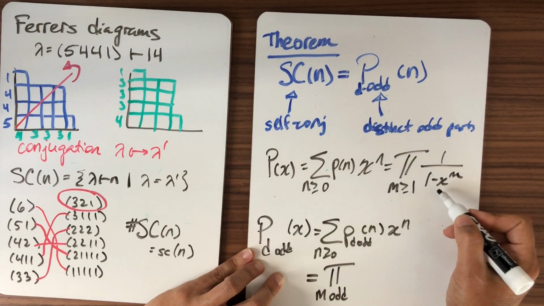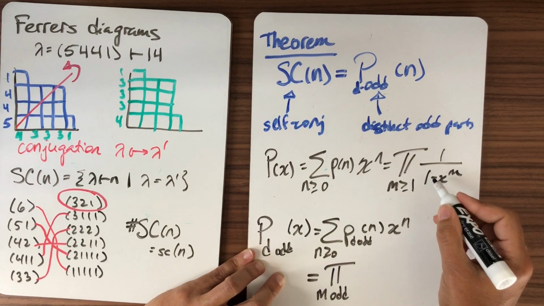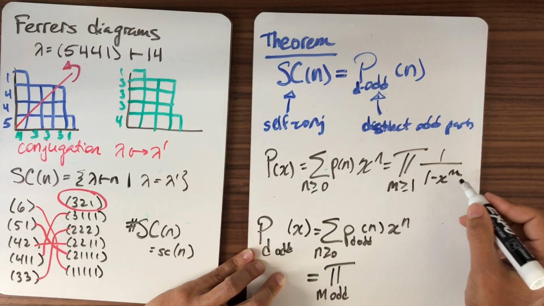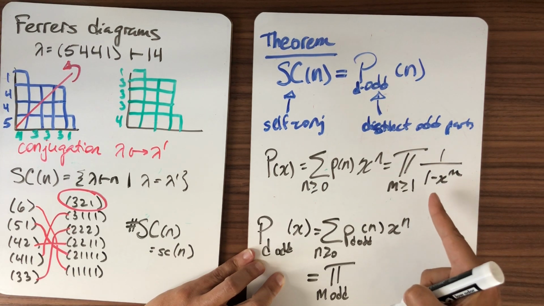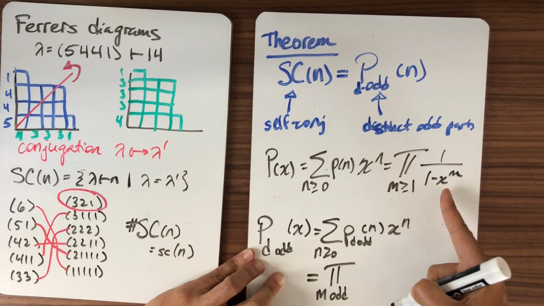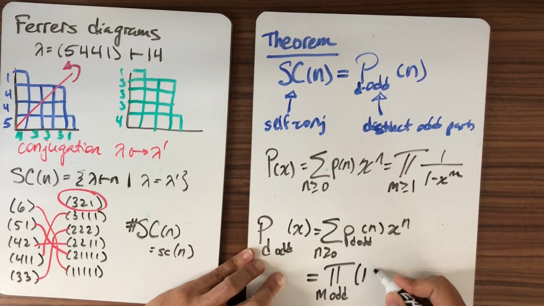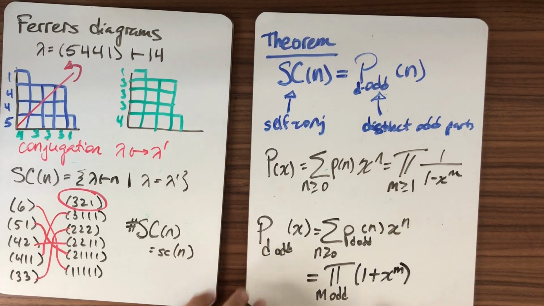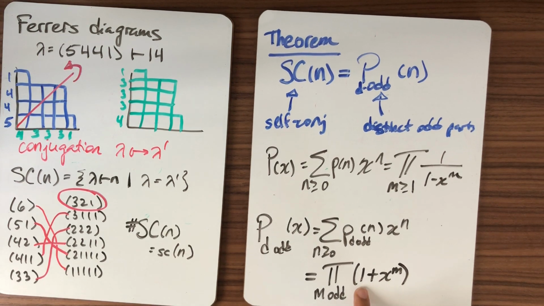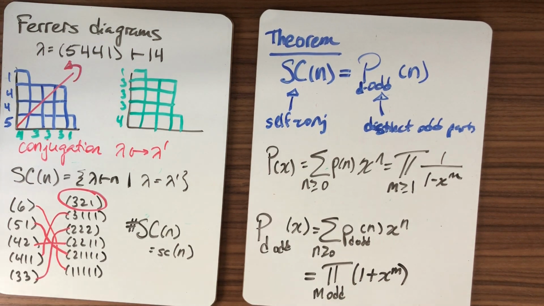Okay, and now instead of having this series where I have 1 plus x to the m plus x to the 2m and so on, I'm only allowed to either take nothing of that size or one thing of that size. So I get 1 plus x to the m. And that's it. Distinct tells me that instead of getting the infinite series, I can either take the part or not. And odd is taken care of down here.